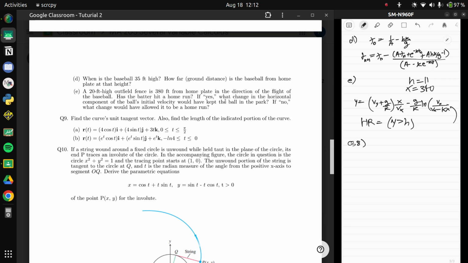If yes, what change in the horizontal component of the ball's initial velocity would have kept the ball in the park? If no, okay. So wait, the ball's initial velocity. So you're saying, how should I change Vx so that this whole thing changes, right? Okay, cool.